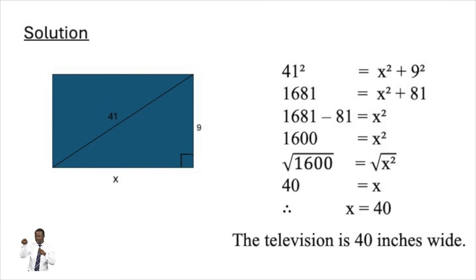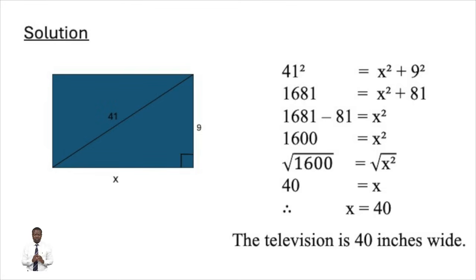The diagonal stretches from the top corner to the opposite down corner, as depicted in the diagram on your screens. According to the question, the diagonal is 41 inches and the height of the television is 9 inches. We are being asked to calculate how wide the television is. And because we don't know that, we have represented that by the variable x.